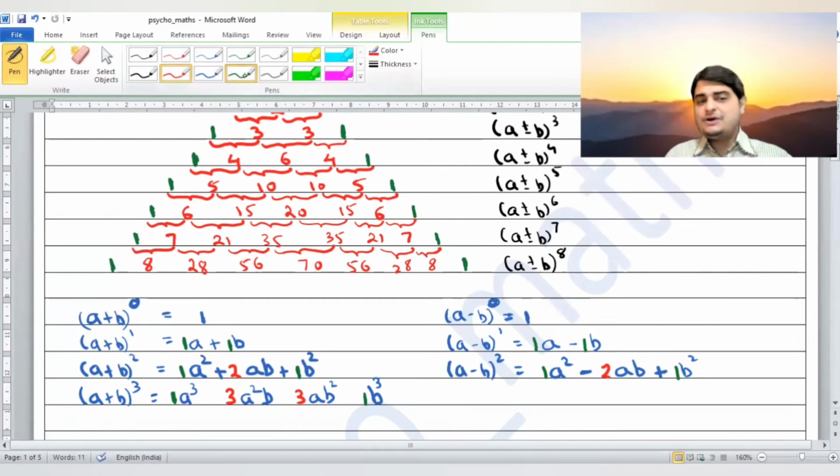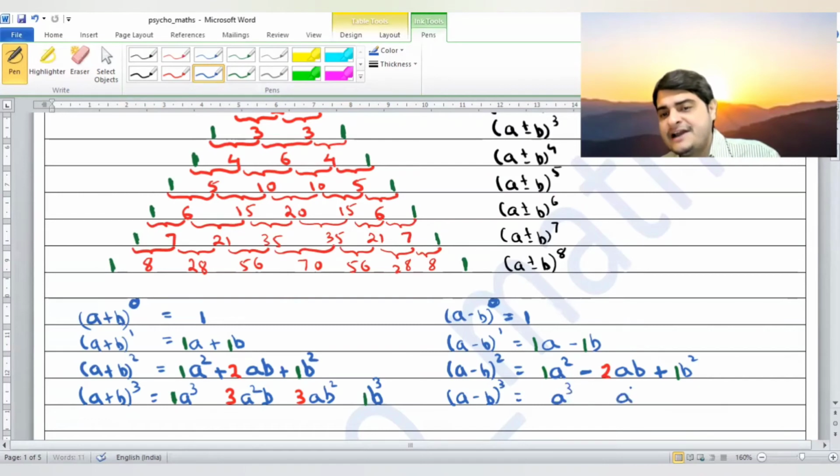Now the same thing you are supposed to write when it is a minus. See, I know we have left out putting the signs, but I have purposefully left it out because I want to show you the basic difference. See, the expansion of the powers of a and b are the same.